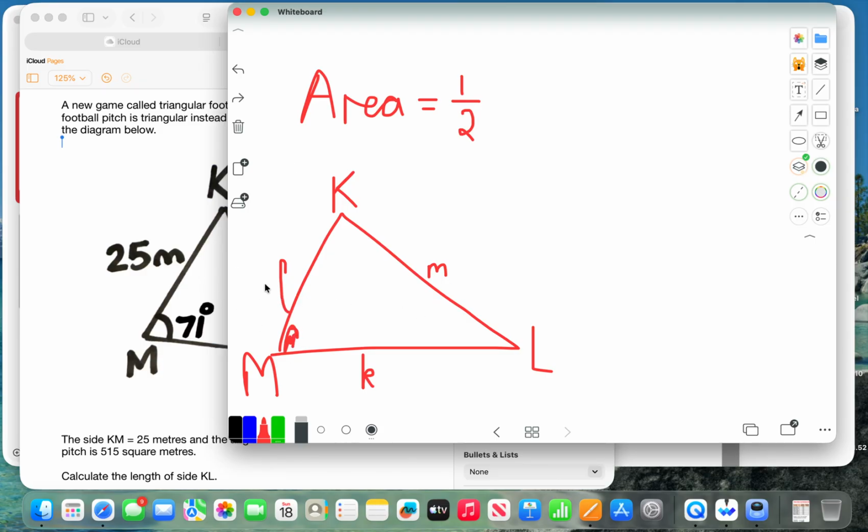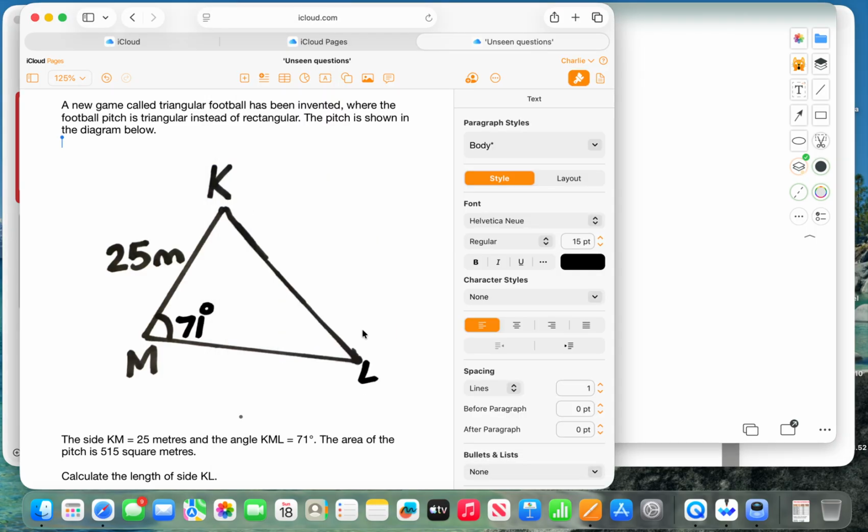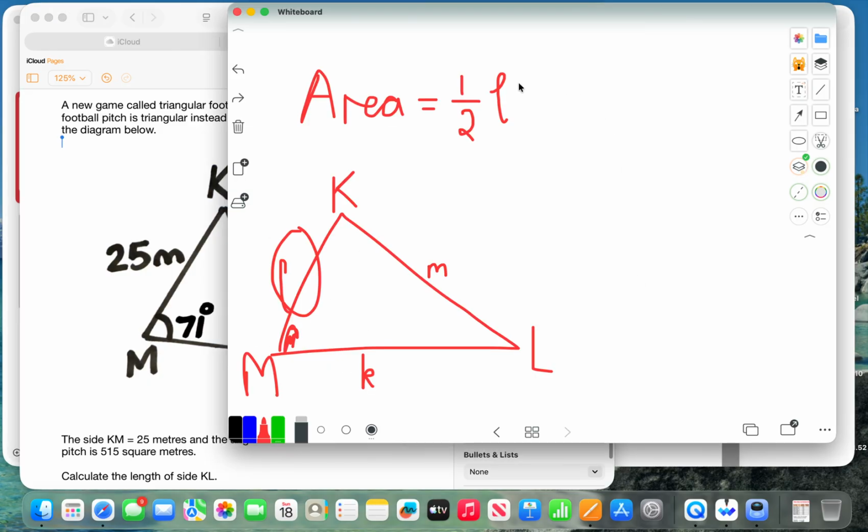Now we know KM is small l, and we want to find out KL, or sorry, ML, which would be k. Remember, we can't actually find KL at the minute because the area formula requires you to know or substitute in the two sides and the angle in between those two. And the sine of m.